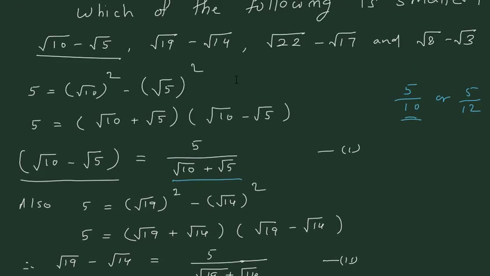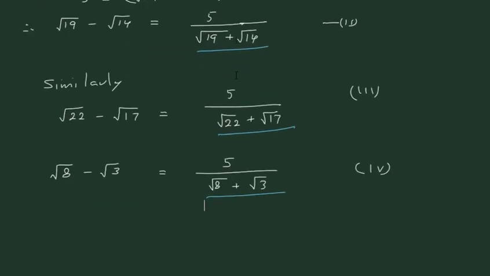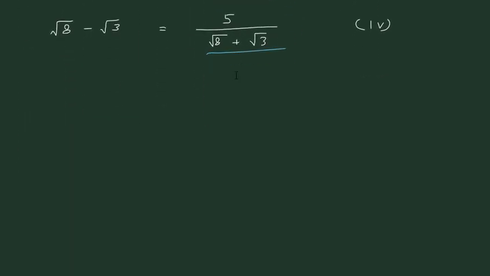Here root 22 minus root 17 is the smallest value. So from 1, 2, 3 and 4, we have root 22 minus root 17 is smallest.